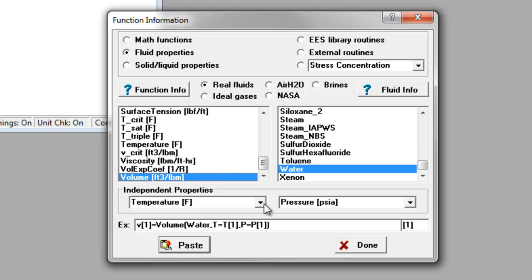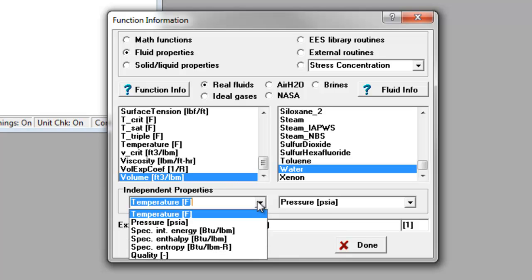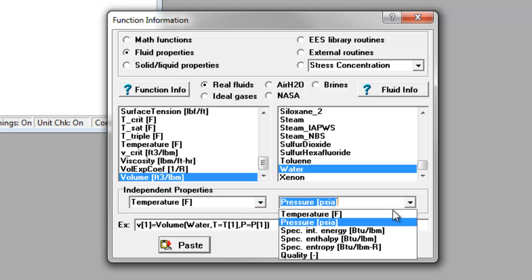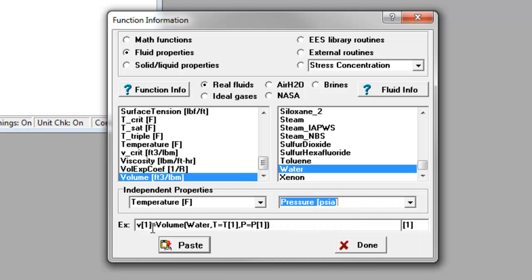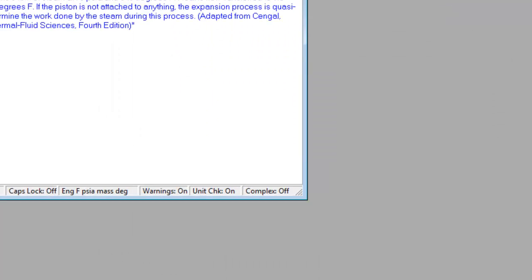And the properties that we have to look at, if you look over here, are temperature, pressure, and mass. So from this chart you can see that we can just use temperature and pressure. I'm going to use this example to go ahead and modify the equation. Instead of 1, I'm just going to do an underscore 1, and that's going to fix this up so that it matches almost with the equation that I was using for work.